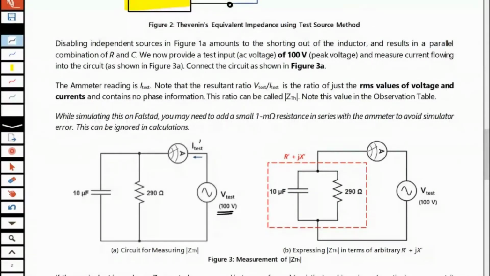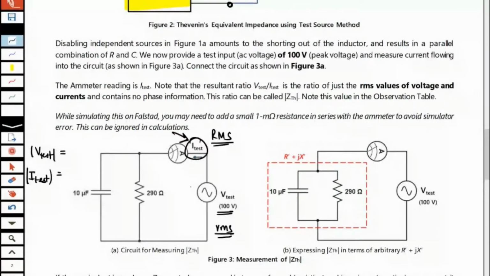Here again, magnitude of the current नहीं, RMS value of the current चाहिए. ये जो भी आपने voltage लगाया, इसकी RMS value चाहिए. Okay, V test. So mod of V test will be the RMS value of this 100 volt, and mod of I test will again be the RMS value of this.